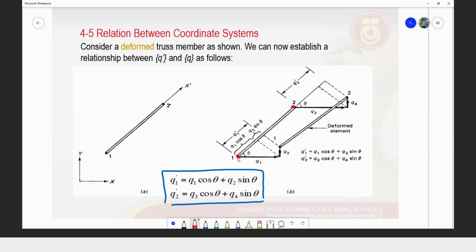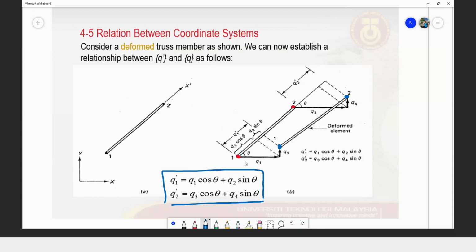So selepas kita kenakan loading, assuming nodes number 1 now displaced kepada position yang baru, dia dah pergi ke sini, and then nodes number 2 also displaced to the new position. Alright.